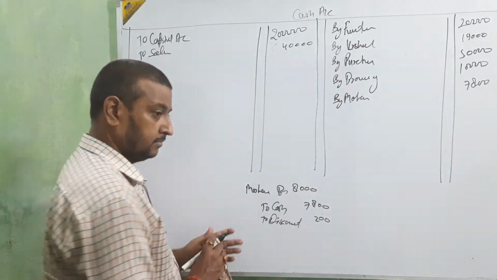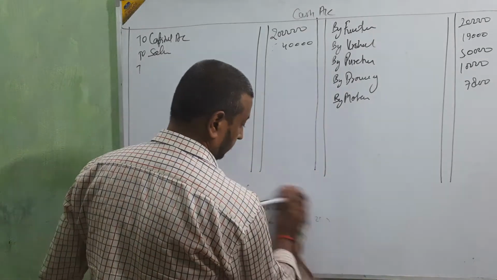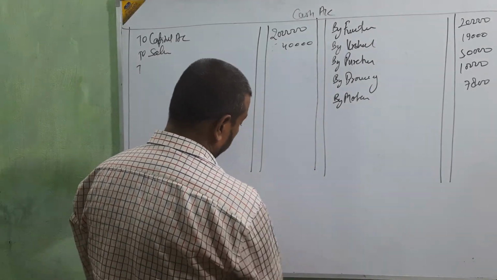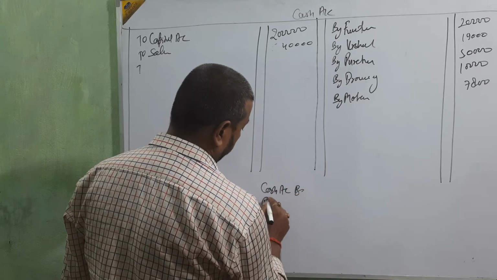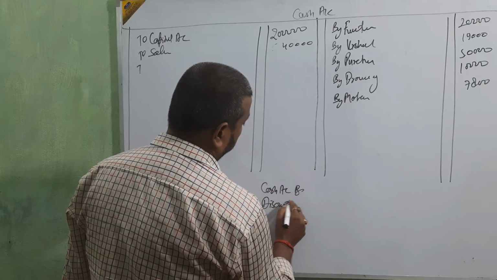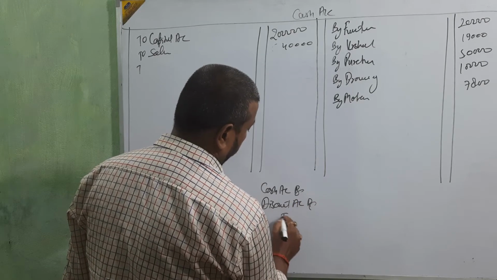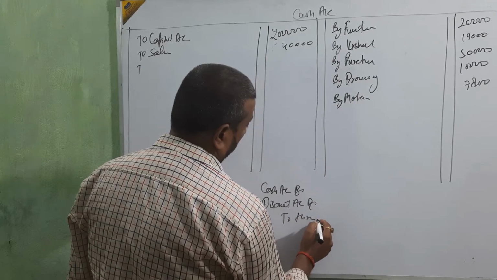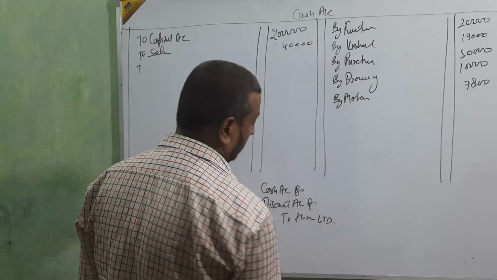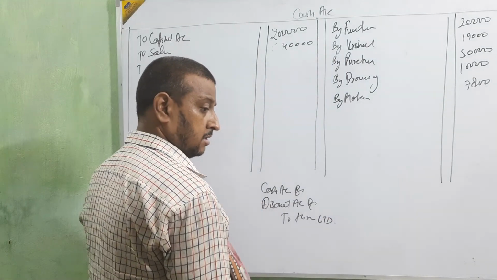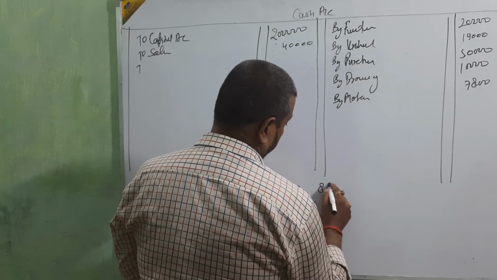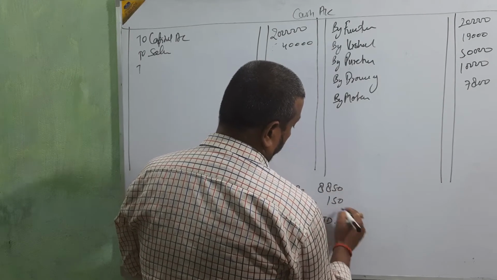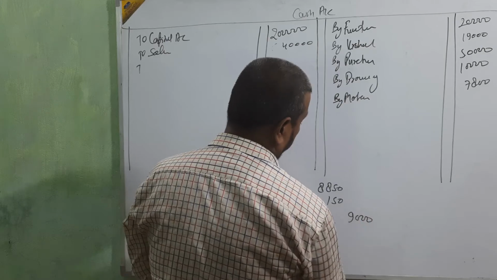Cash account debit, discount allowed debit, to Hero Limited. Again, cash account debit, discount account debit. Amount: cash account debit 8,850, discount allowed 150, total is 9,000.